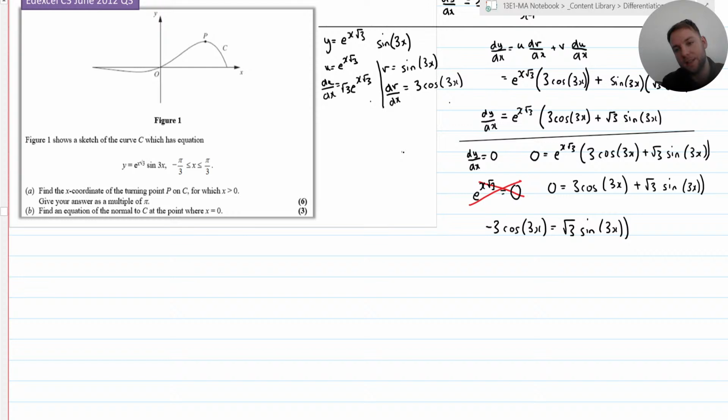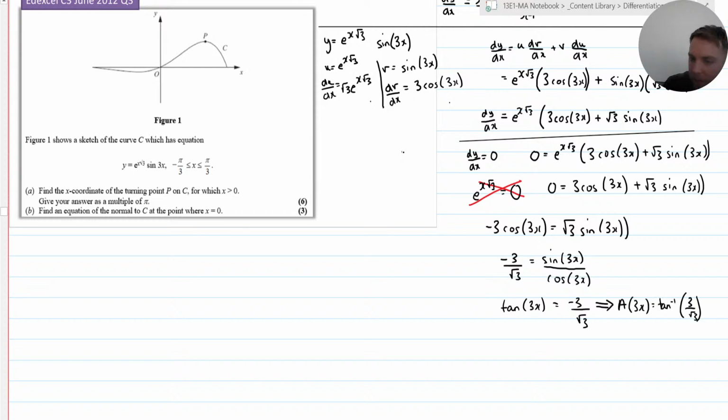And I'm going to divide the right-hand side by cos, divide the left-hand side by that root 3. So I end up with minus 3 over root 3 is equal to sine of 3x over cos of 3x, which is going to give you, now I'm just going to switch those over to the other side. It doesn't make too much difference. Tan of 3x is equal to minus 3 over the root 3.